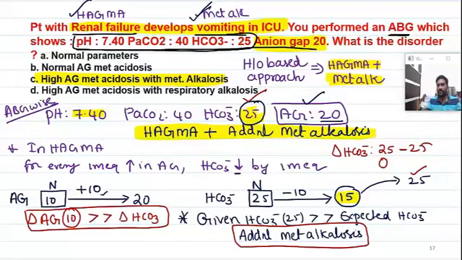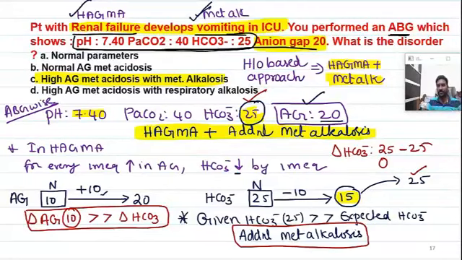Whatever we have seen up to now, we have derived an extra relation. The concept that you have learnt up to now is the same. The extra point that we are seeing here is that in the given question, the change in anion gap is very much higher when compared to the change in bicarbonate. Anion gap has increased, but bicarbonate is not falling down proportionately.